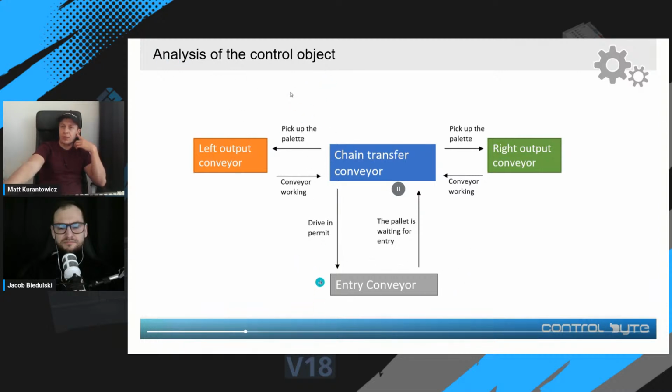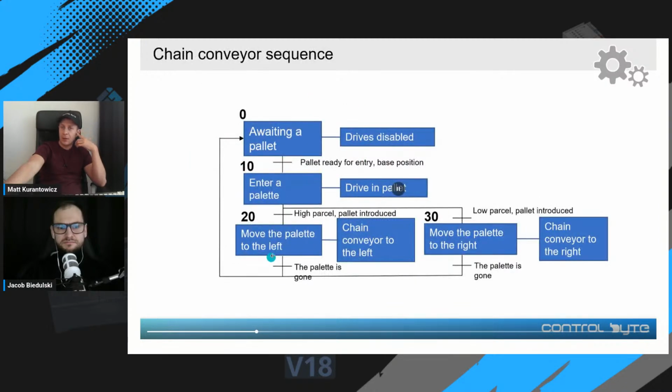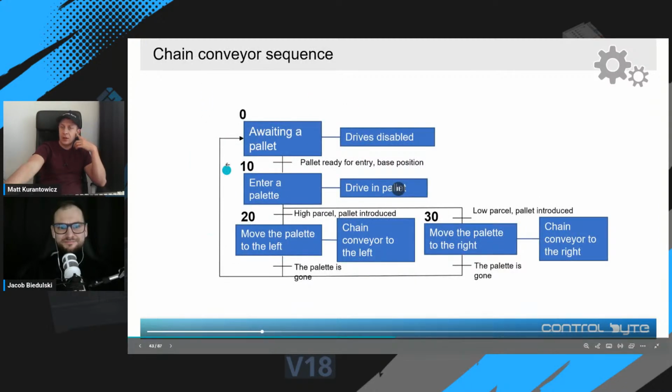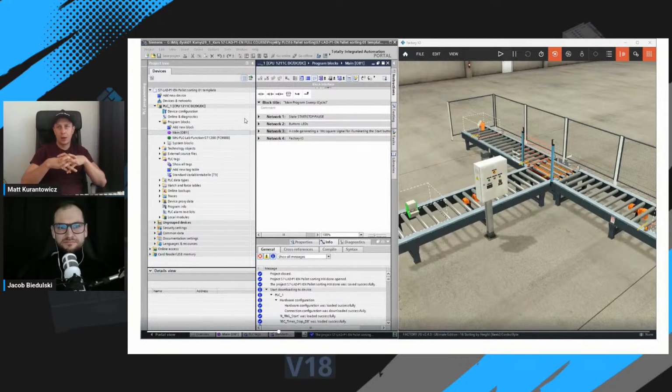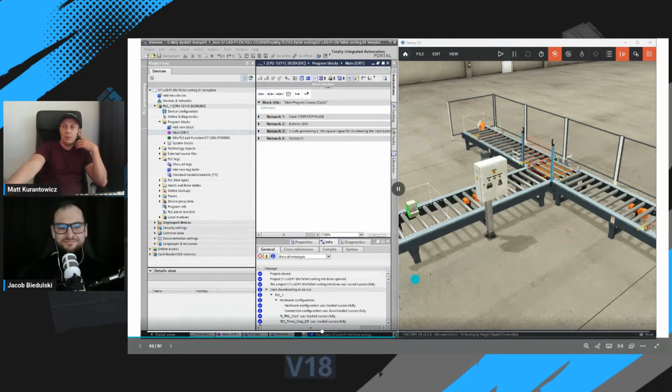Here we have the entry conveyor, a chain transfer conveyor in the middle, and here you see the sequence. We show you how to create such a sequence, and after that, how to create a program. The sequence is mainly the most important part in PLC programming. When you have a sequence, you can start the program, and you can add networks in your project.